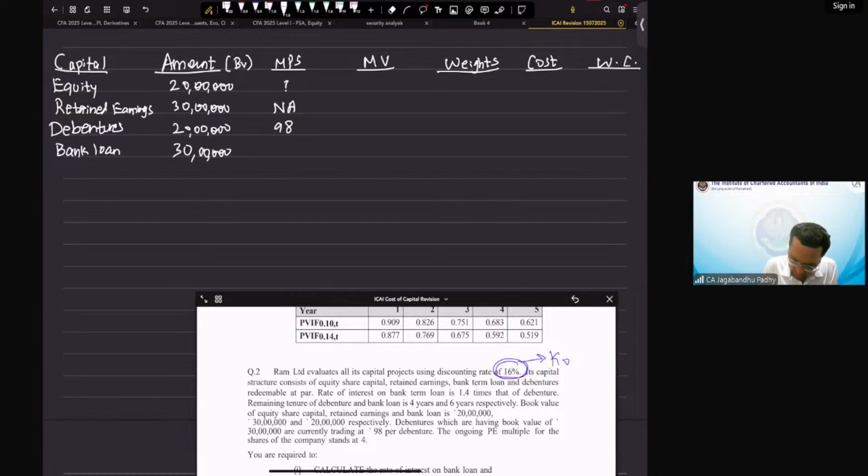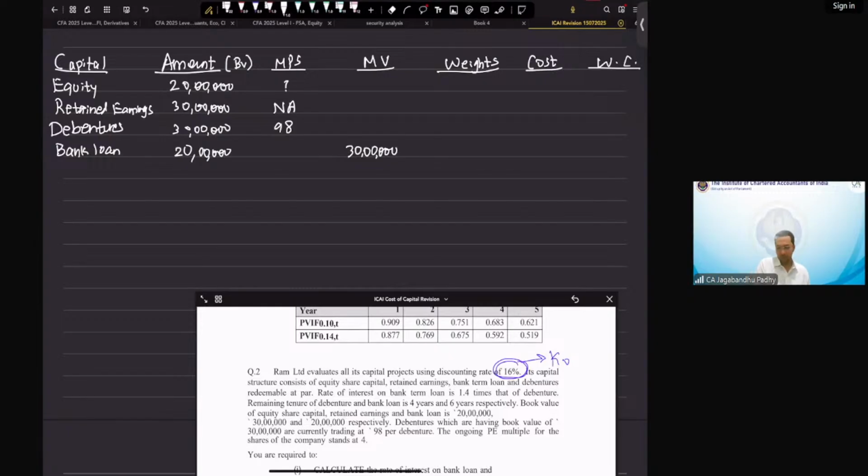And of course, when it comes to the bank loan, the book value will be taken as the market value because there's no separate market value that we have for it. So equity, retained earnings, and bank loan are 20, 30 and 20. Okay, so this is 20.